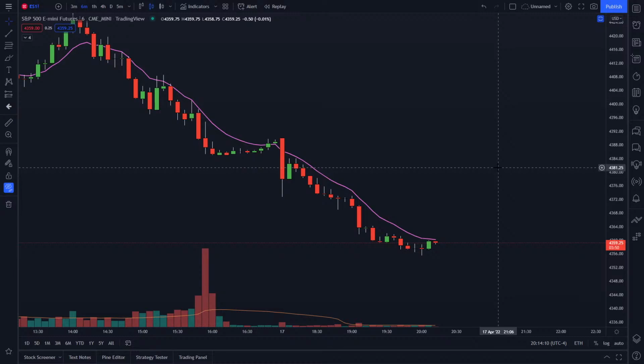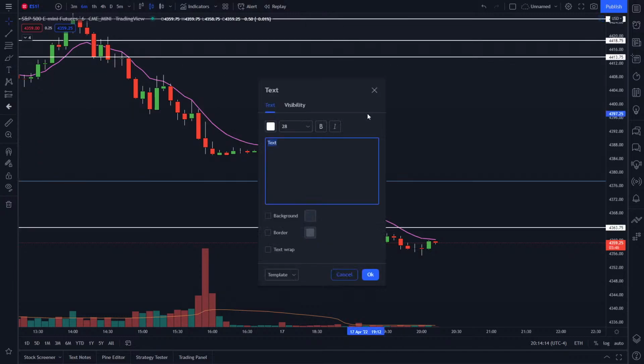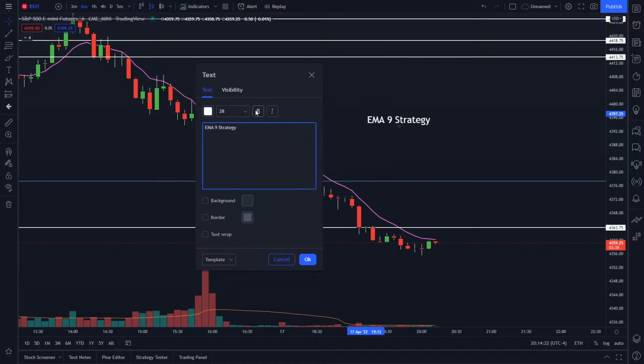So just to recap, that's basically the 9 EMA strategy, right? So this is the EMA 9 strategy. I'll write some of this out real quick. You want to have 2 different time frames, either 1 and 5 or like a 3 and 6.